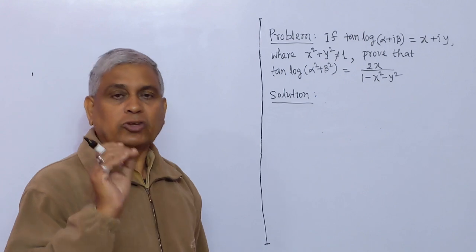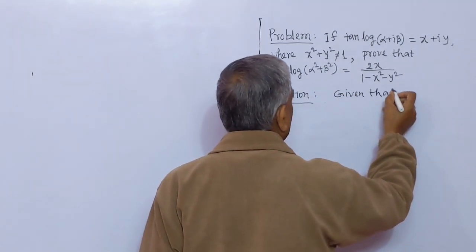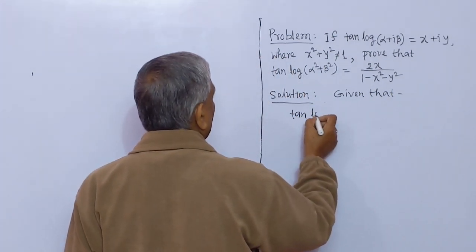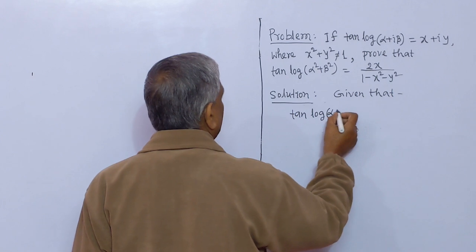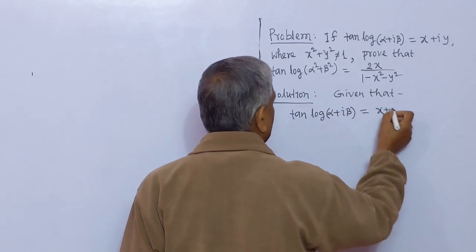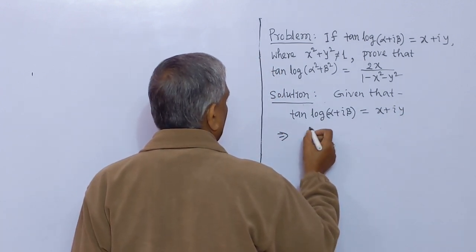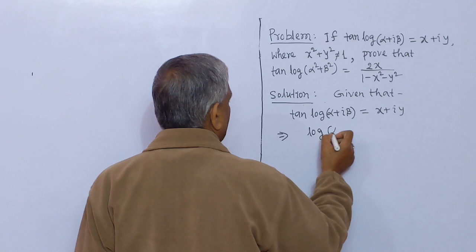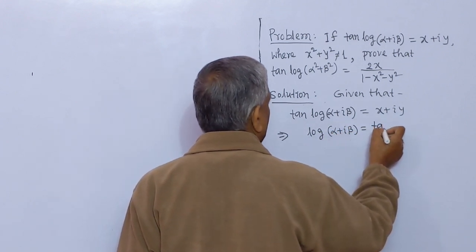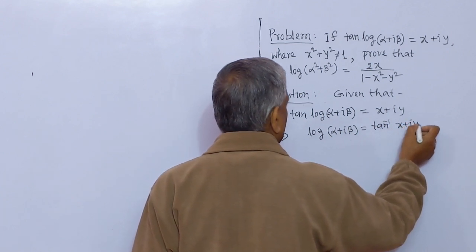Now we solve this. Given that tan log (alpha + i beta) equals x + iy, implies that log (alpha + i beta) equals tan inverse (x + iy).